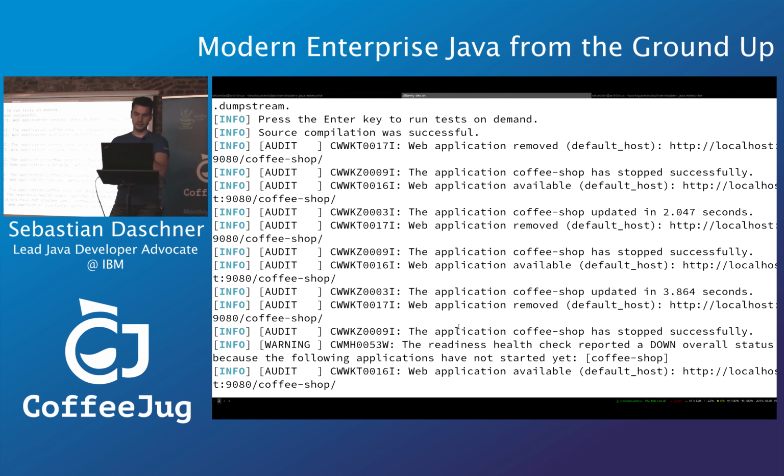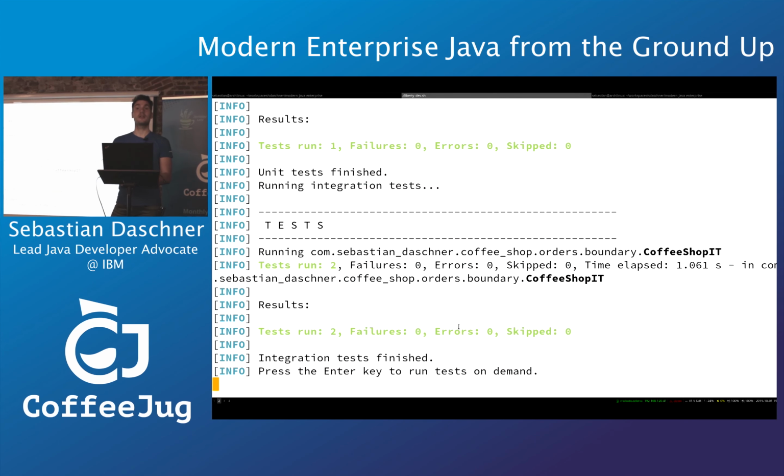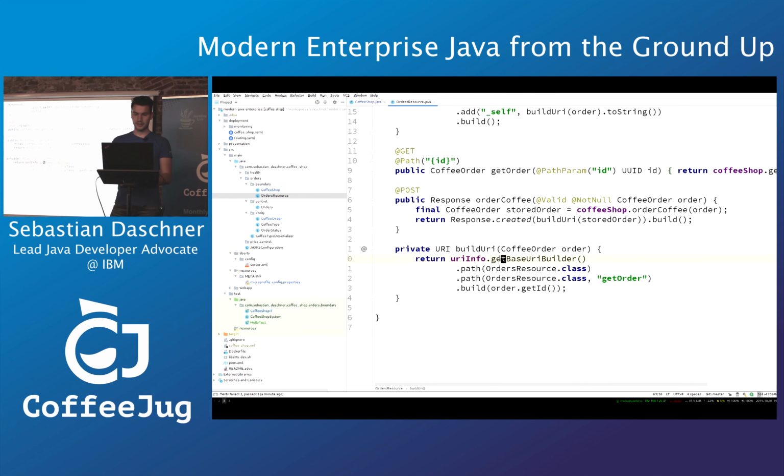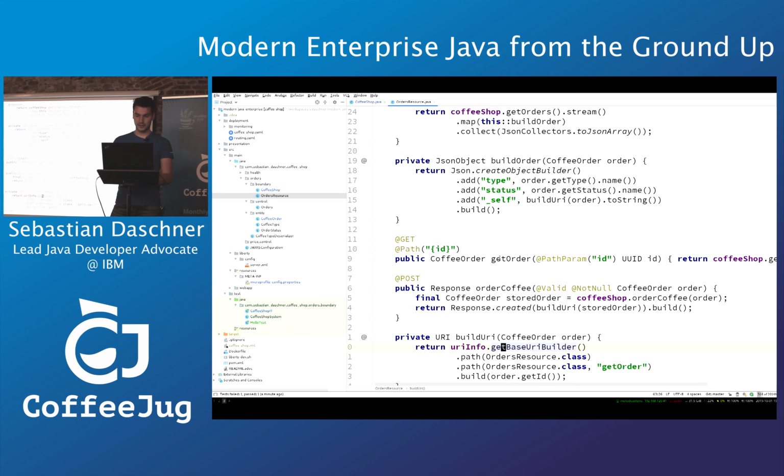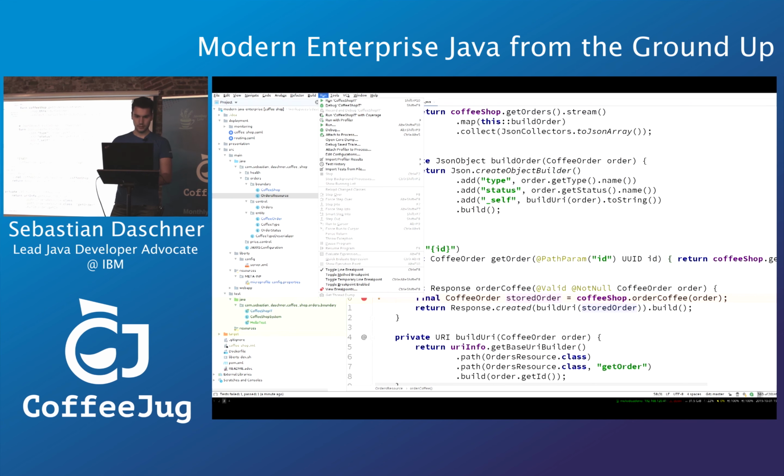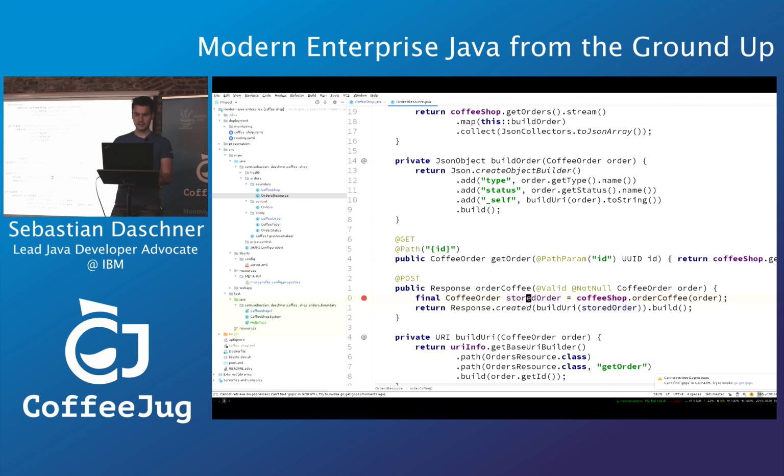Using this development mode, you actually don't have to do that because it starts in a debug mode. So just without changing anything that I have here, I can go and say, order coffee, set a breakpoint, and now connect my IDE and attach it to a process. Per default, it runs on port 7777.